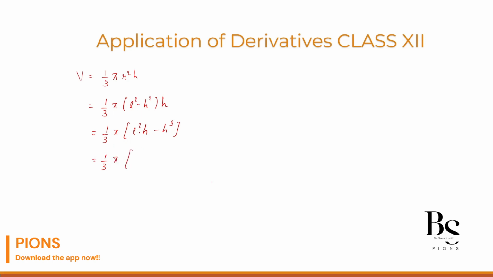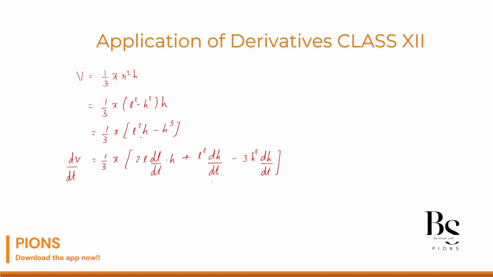The differentiation will be 1 by 3 pi times derivative of l square, 2l dl by dt, into h as it is, plus l square as it is times dh by dt, minus 3h square dh by dt. Now we will substitute the values to get our dv by dt.